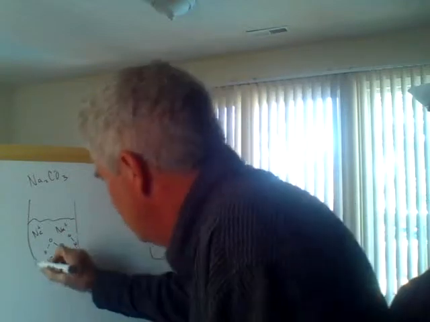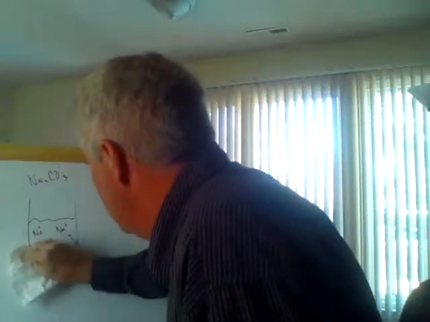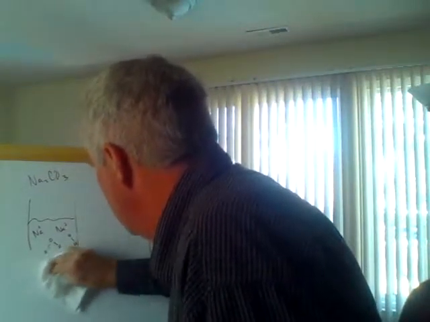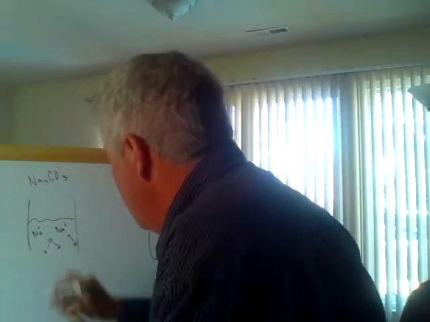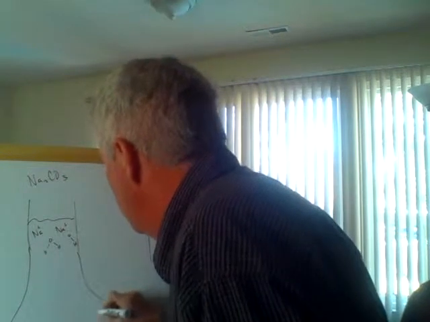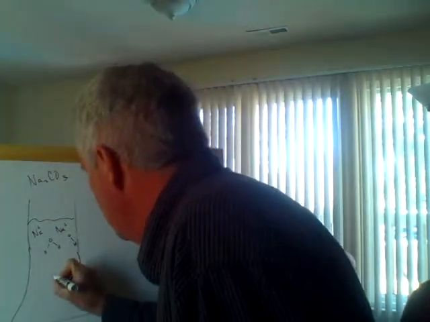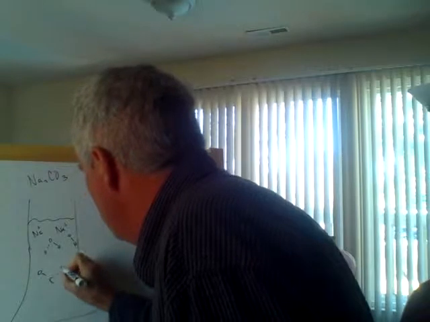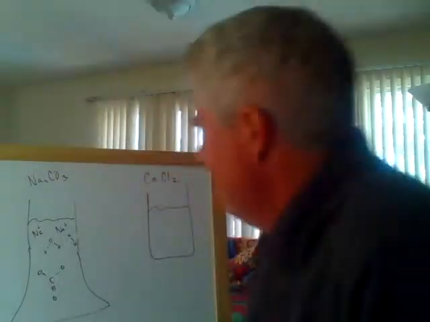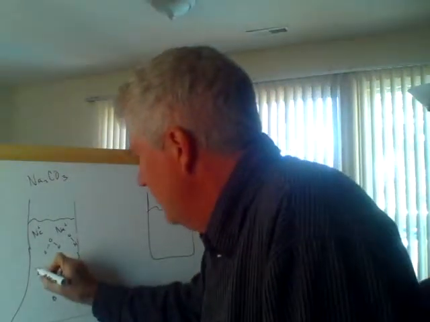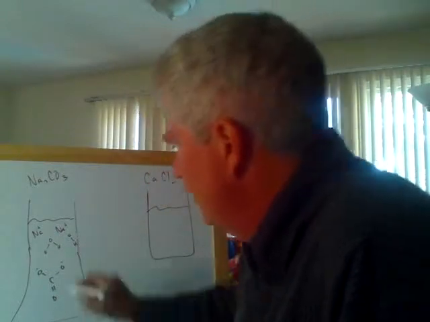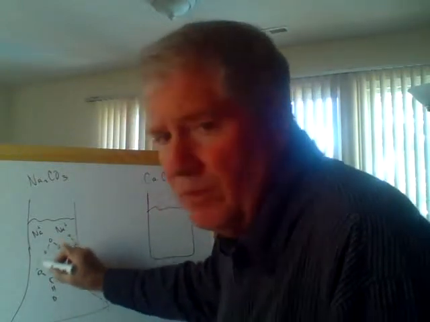I probably should have drawn this carbonate a little bit bigger. Let me try that. I'm going to expand our beaker here. Okay, and the carbonate again looks like CO3, like that. And these guys are negative. These guys are the negative poles, so they tend to associate with the hydrogens.